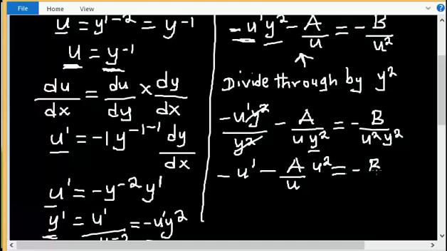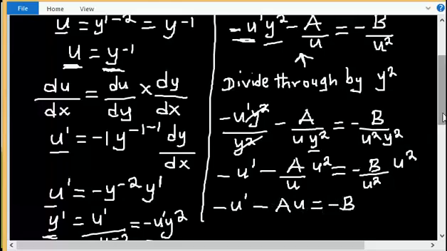The same thing happens: y is the reciprocal of u, then y squared is still going to be the reciprocal of u squared, so the u squared comes up. So the equation can be broken down as minus u prime minus a u squared divided by u, which gives me u. So I'm going to have a u, equal to minus b times u squared divided by u squared, that is 1. So equal to minus b.